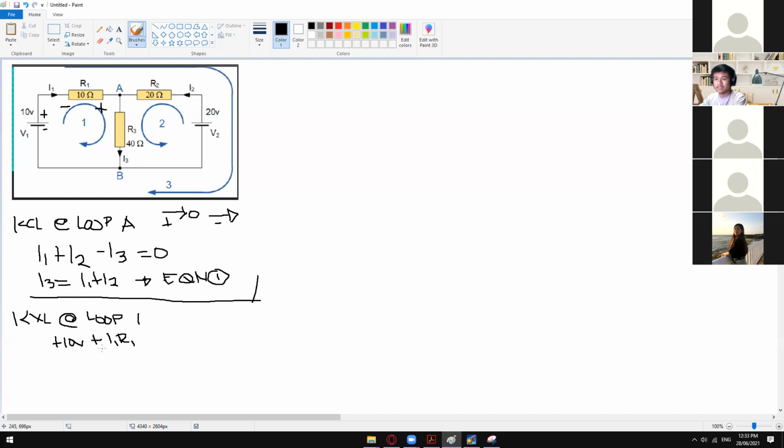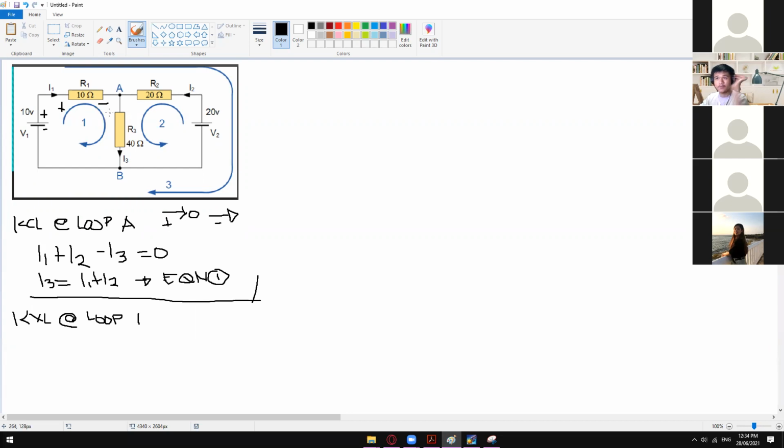But here, we have another voltage source being added with each other. So we could not say that this is a voltage drop anymore since it has a sign of positive. So the correct polarity for this one must be positive and then negative on the other side.